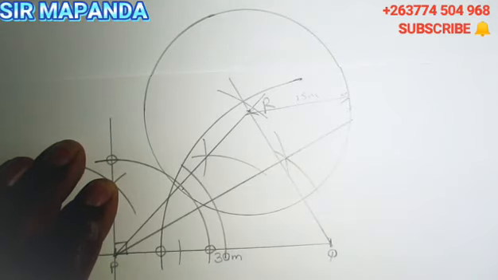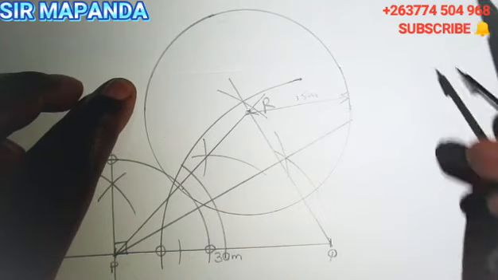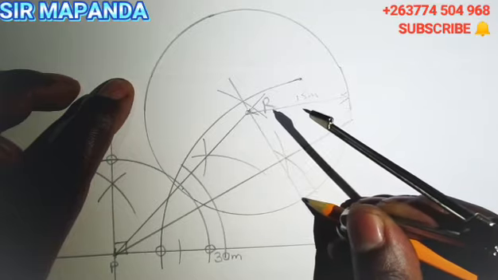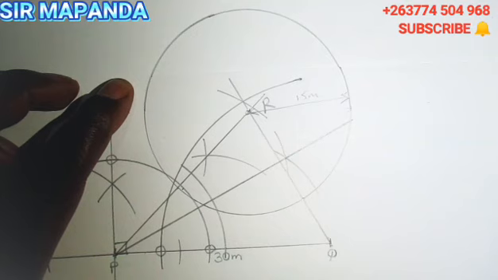But we have questions like draw or construct the locus of points which are 15 meters from R inside the triangle. If the examiner attached the word inside, for such questions you don't draw a full circle, but you just need to draw the part of the circle which starts from this point up to this point. Then you ignore the rest of the circle.